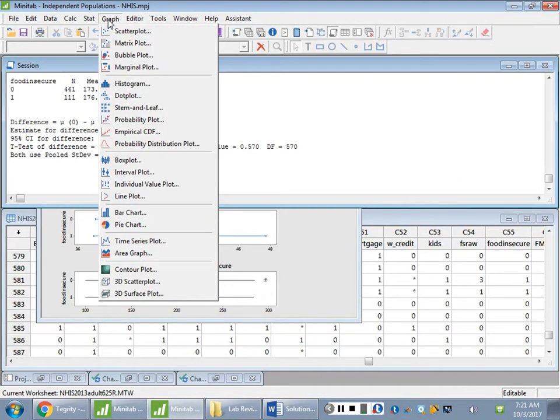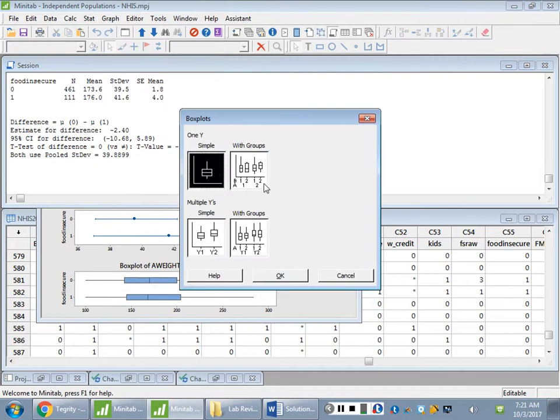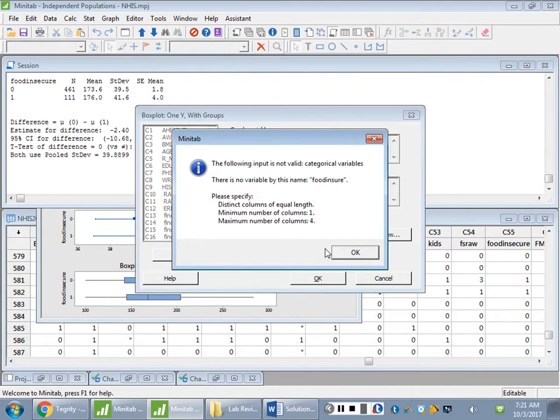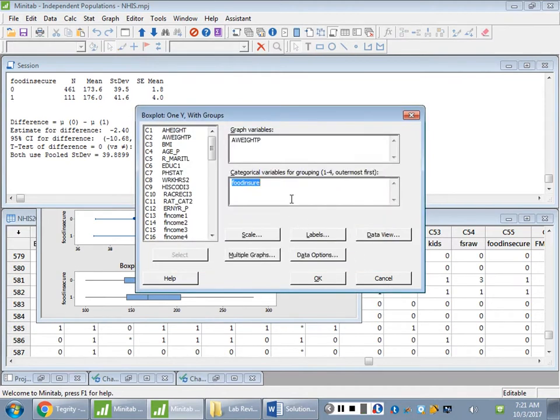So graph, box plot with groups. I'm going to do my weight by food insecurity. I like to transpose mine.